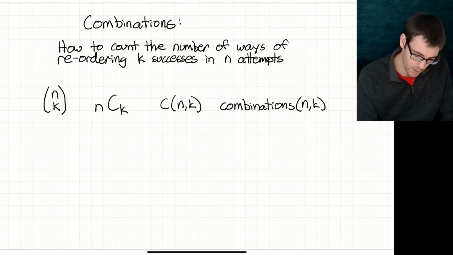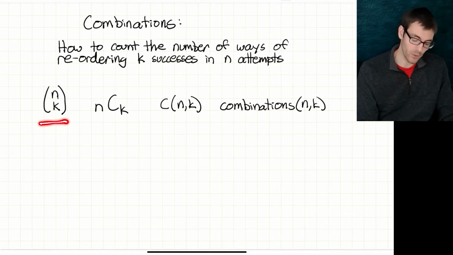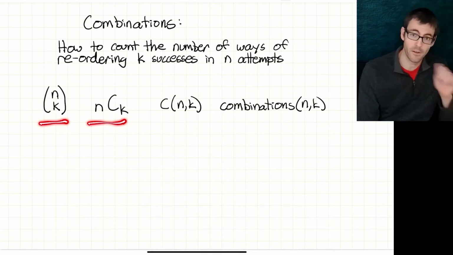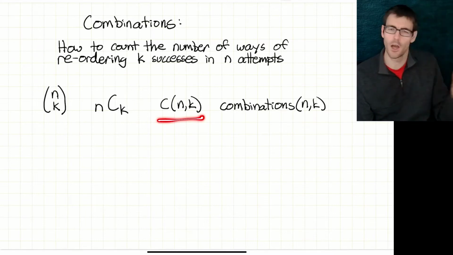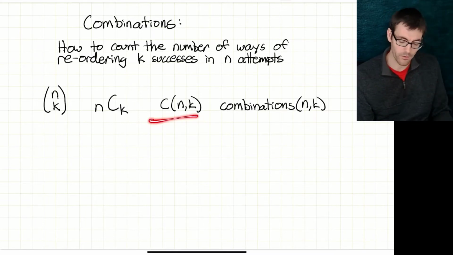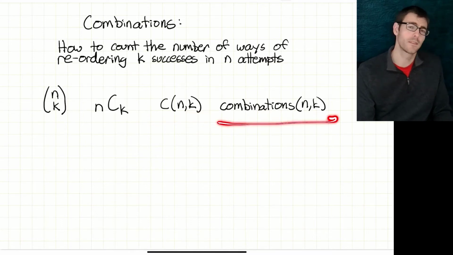So there are a bunch of different ways of writing this. Probably the most common is this first one, but you also see the second one fairly often. Depending on which type of computer software you're using, something like Wolfram Alpha likes this format, and RStudio likes this one.